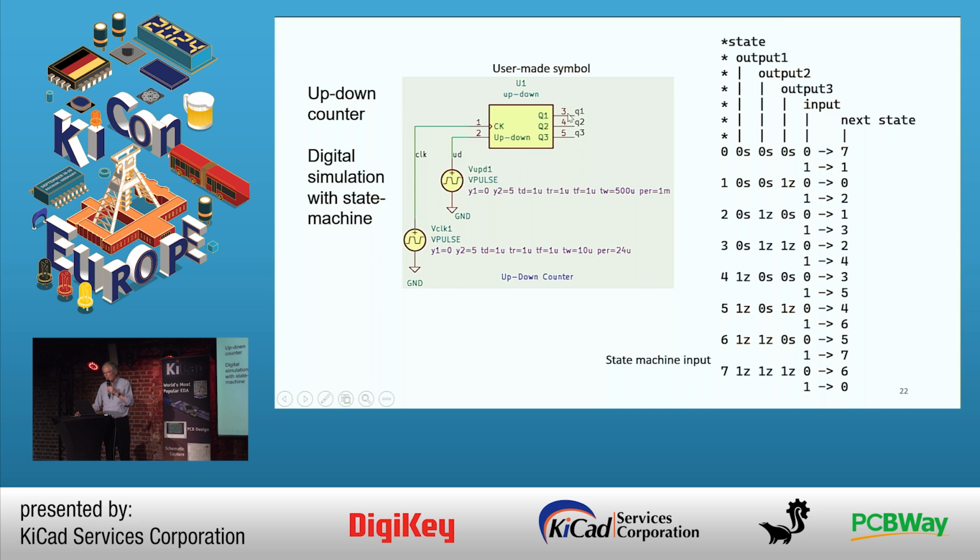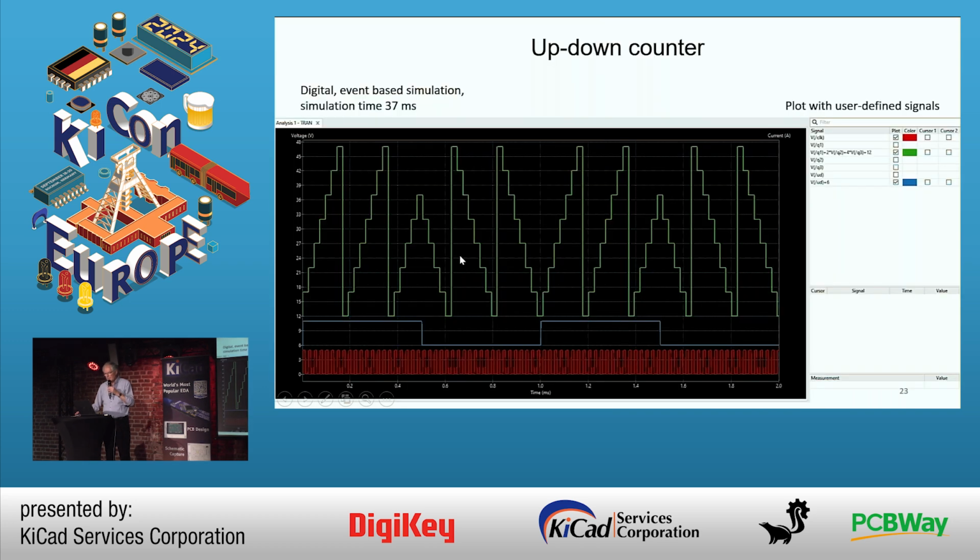The output is 3 digital signals, and these are now plotted here, and it counts up, and then it switches to count down. Simulated, and because the digital simulation in ngspice is very fast, the simulation time here is a mere 37 milliseconds.